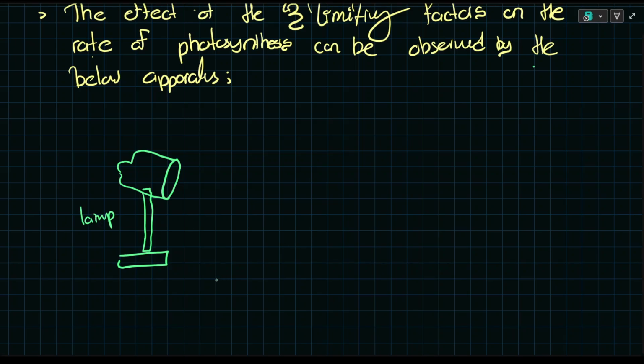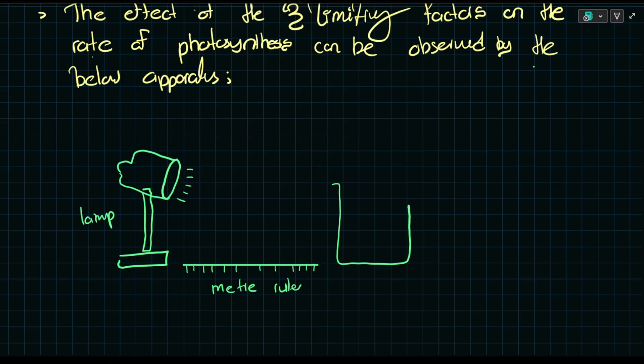Never mind. And then we have a specific distance. How do we measure that specific distance? We actually use a meter ruler. So obviously the lamp is producing light. And then here we have a beaker filled with water.